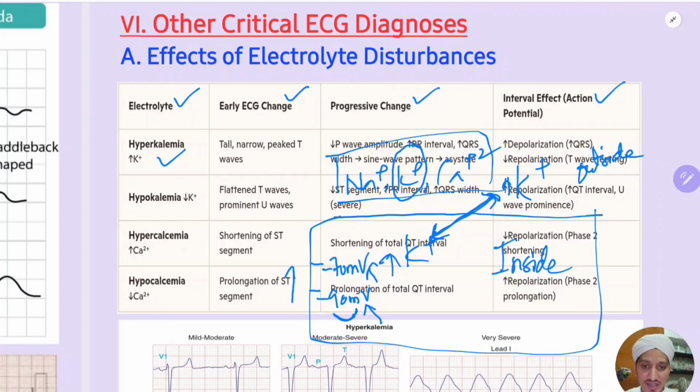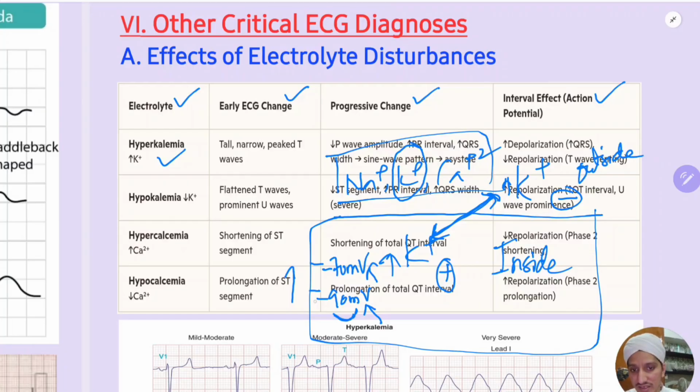As you move from minus towards 0, we are moving to the positive side. If you move from 0 to minus 90, minus 100, minus 110, we are moving to the negative side. That means the inside of the cell is becoming somewhat positive compared to the outside.